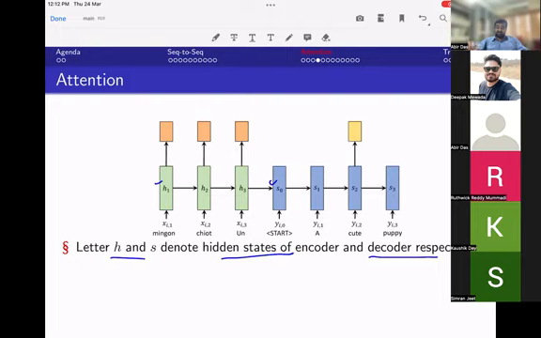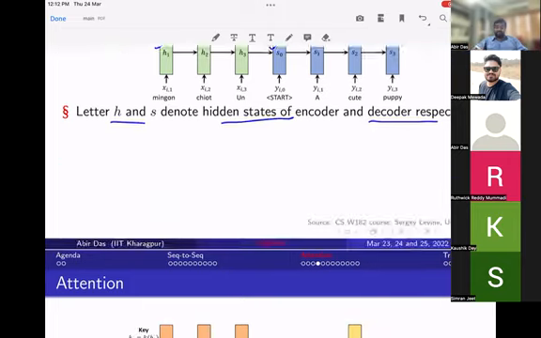Nothing is different other than the notation.